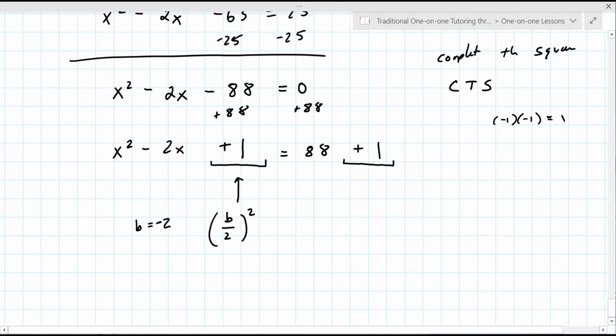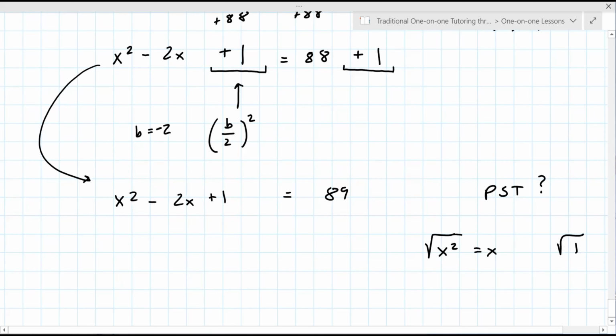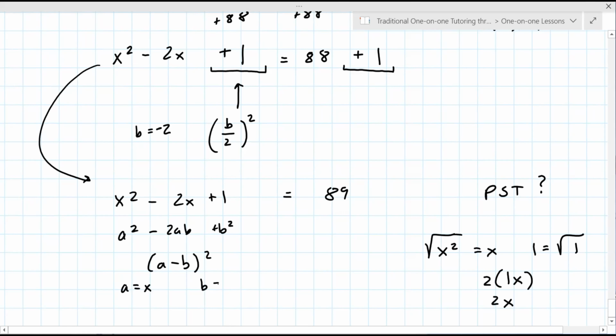Okay, so now I'm going to just rewrite this: x squared minus 2x plus 1 equals 89. On the left here, is the left a perfect square trinomial? To answer that, let's take the square root of x squared, and the square root of 1, and squeeze them together, and then double it. So it is. It becomes (a minus b) squared. Your a is x, your b is 1.